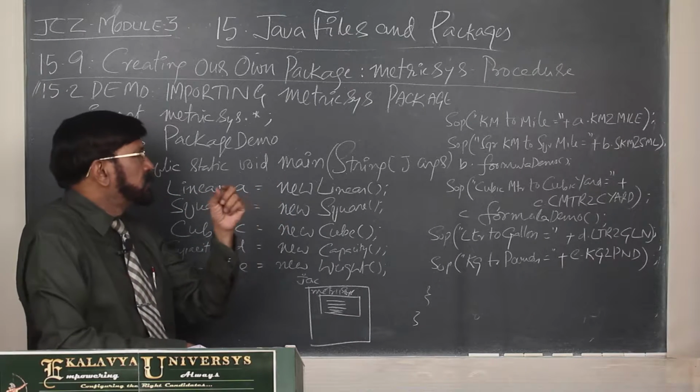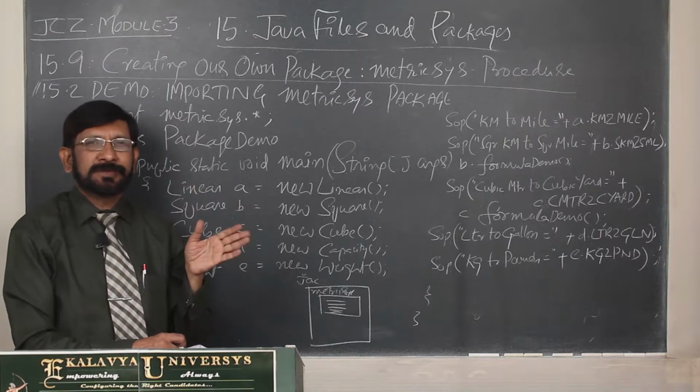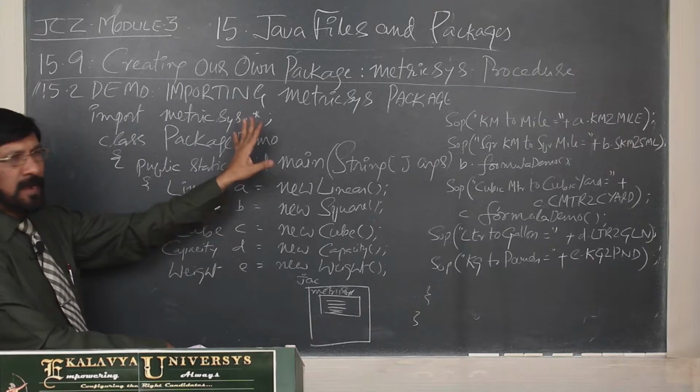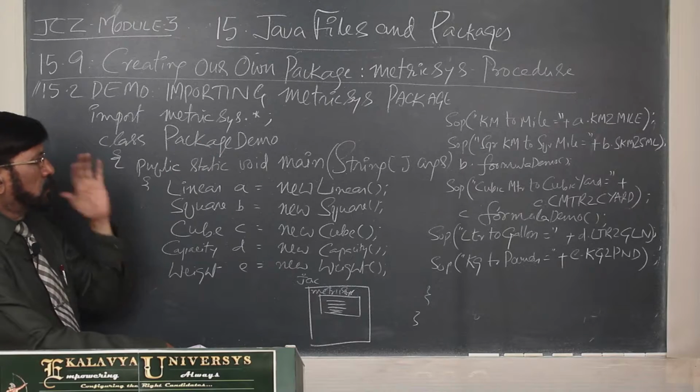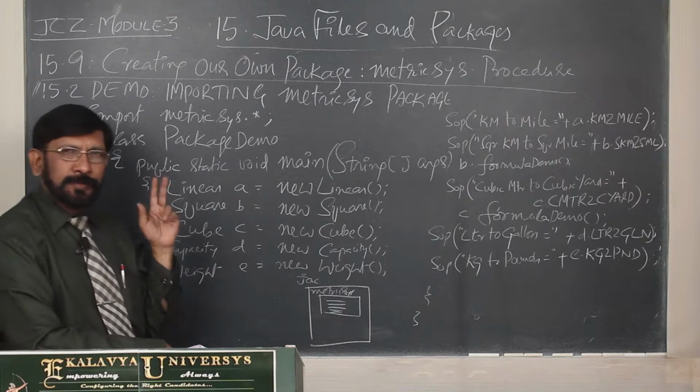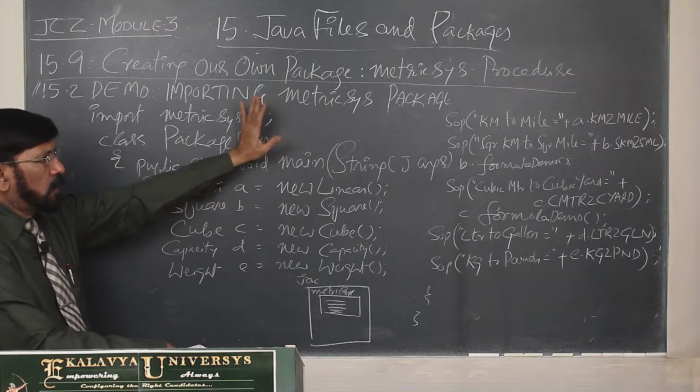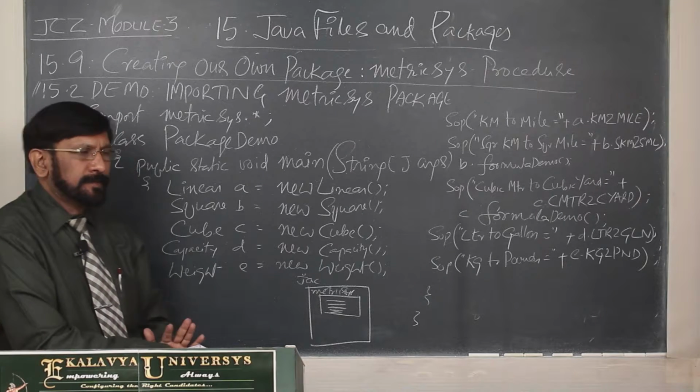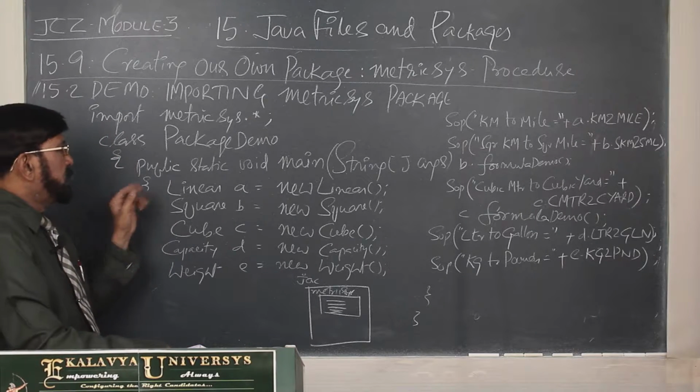For the sake of simplicity I am saying class. In this case only classes are there in Metricsys, and my intention is to use the services of all the 5 classes, so I want to demonstrate that.